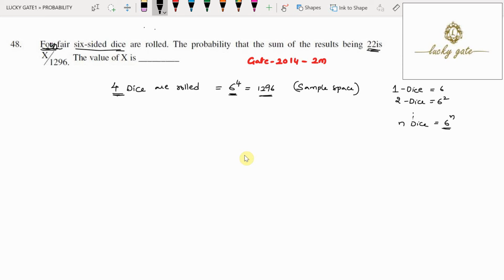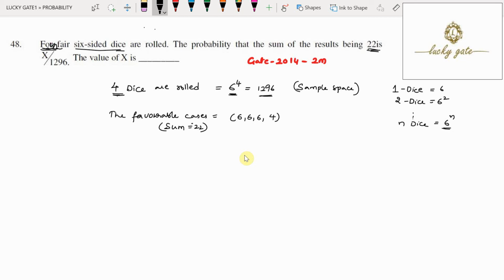Now, the number of favorable cases we need to find, the number of favorable cases whose sum is 22. What are the possibilities? The possibilities are 6, 6, 6 and 4.